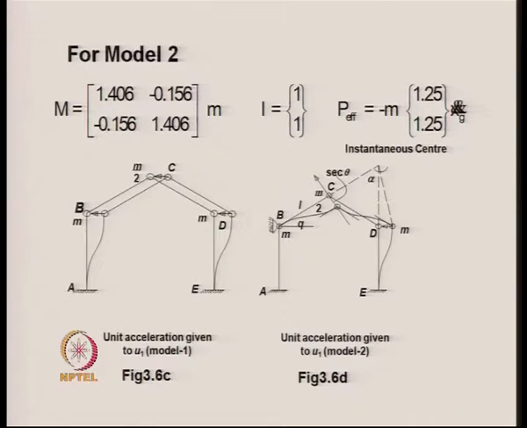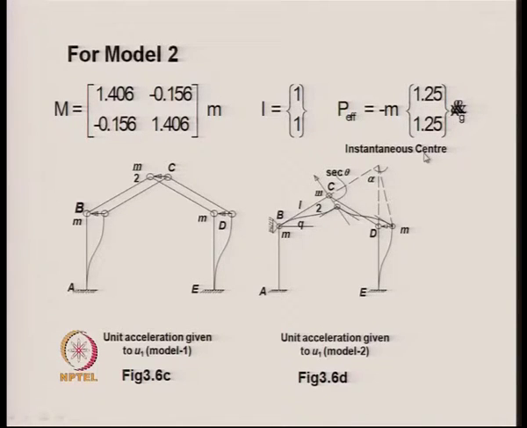If we multiply the I vector with the mass matrix, then the effective earthquake forces for the two degrees of freedom for the second model become 1.25 and 1.25.